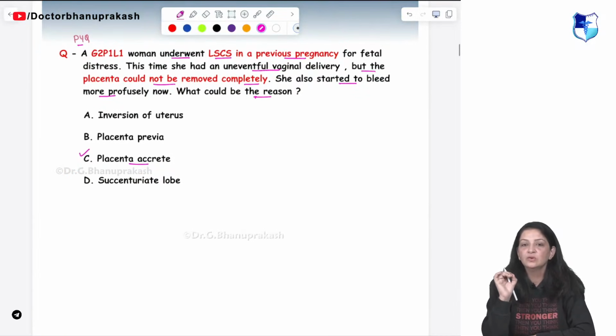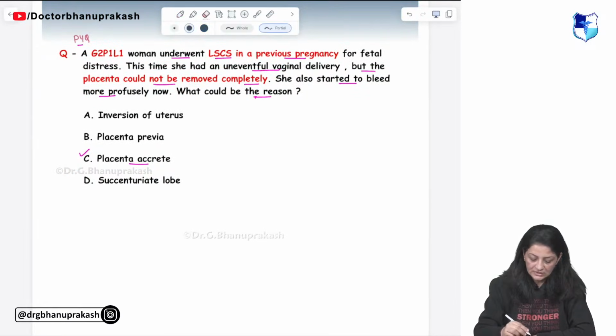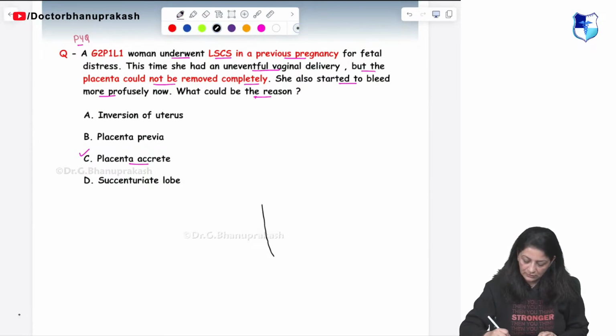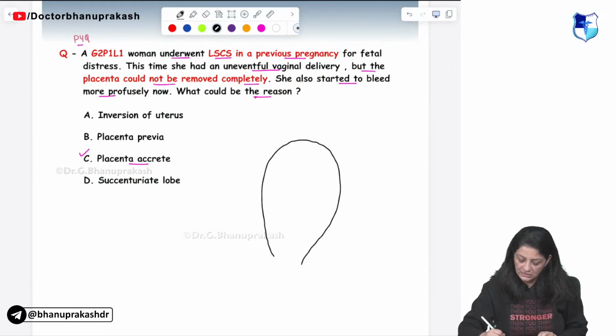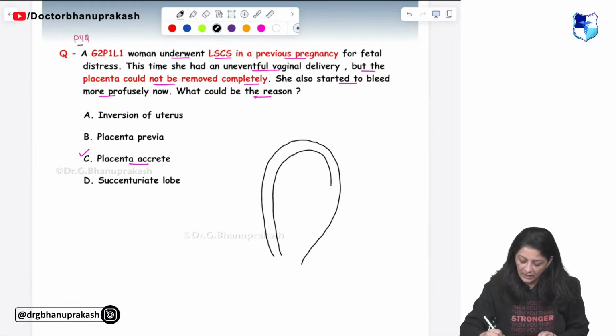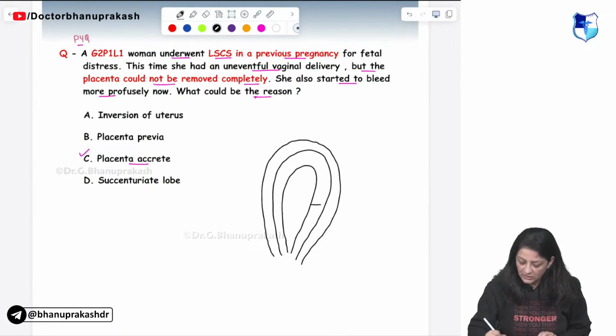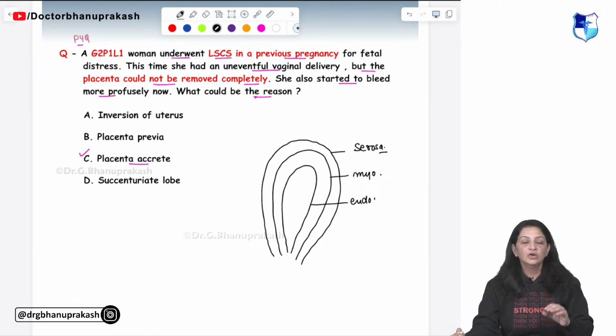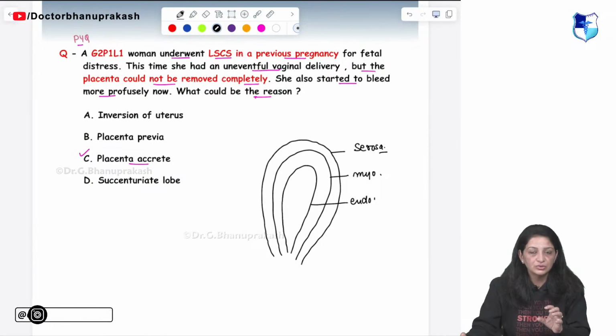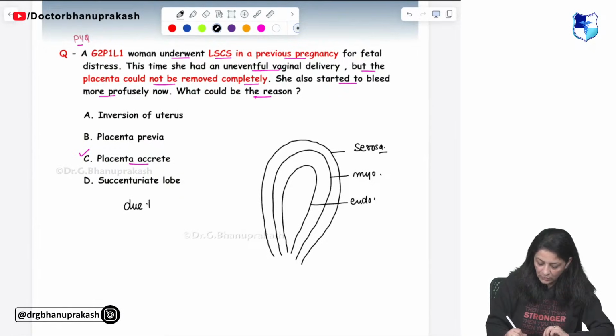This is also a placental abnormality. So this is the uterus. This one is the outer layer, this one is the middle layer and this one is the internal layer of the uterus. This one is the endometrium, this one is the myometrium, and this one is the serosa, the perimetrium layer of the uterus. Normally placental villi attach to the endometrial layer of the uterus, but due to absence of which layer?